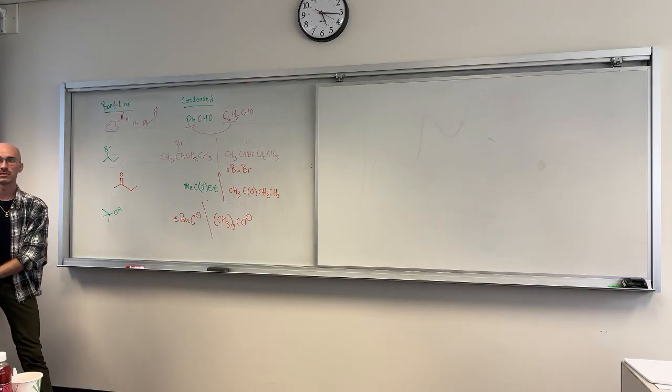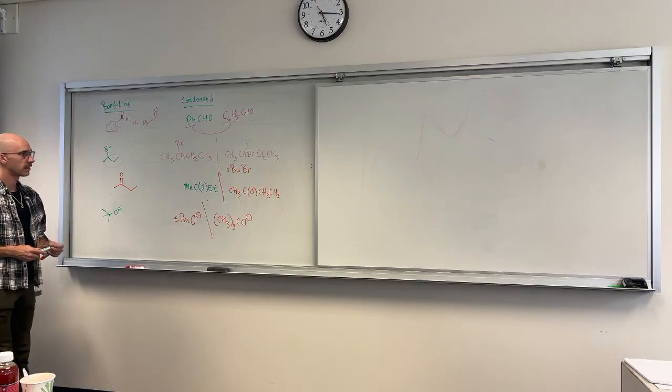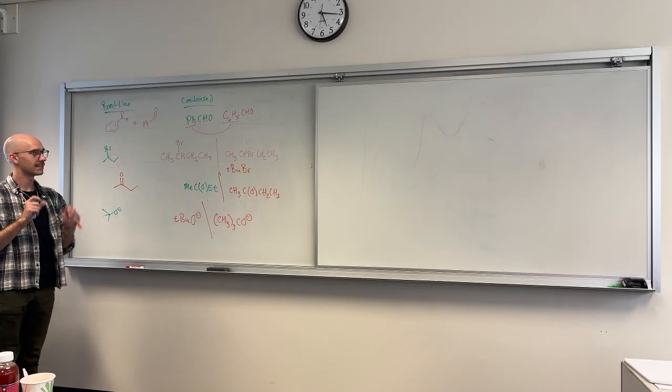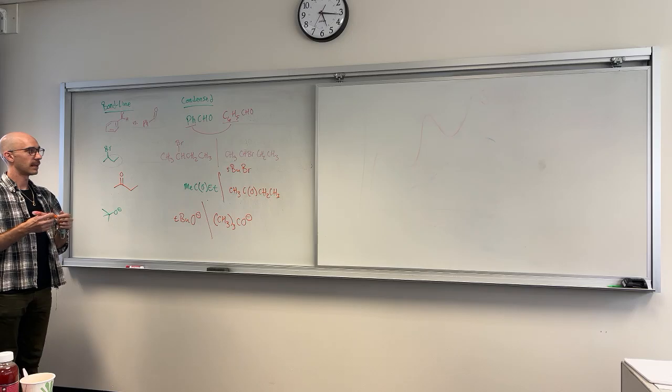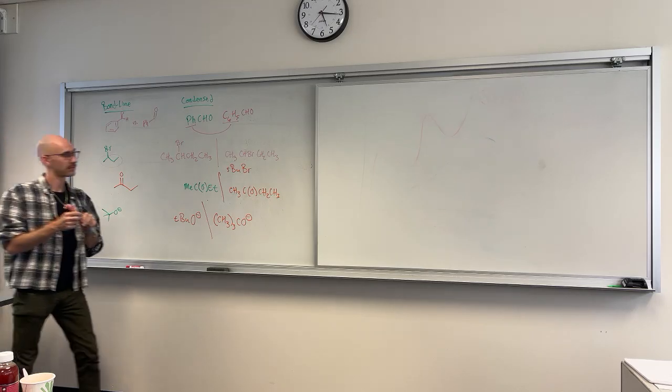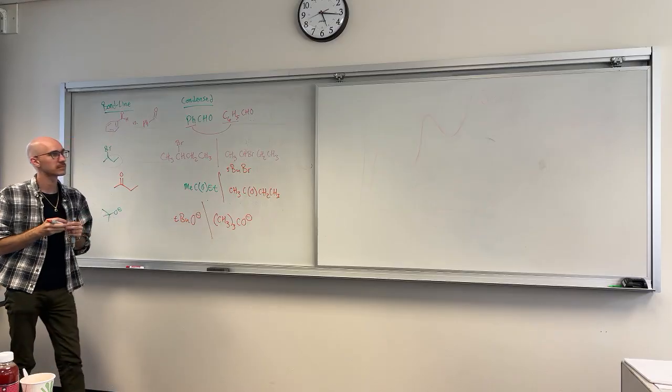So if you did MeCBrEt, you lose a hydrogen in the one. Why wouldn't you want to do it on carbon parentheses? Hang on. MeCBrEt. C parentheses Br. Right. Well, it doesn't indicate the hydrogen that's there. Yeah, that's what I realized you missed. But what if you did like HCBr?